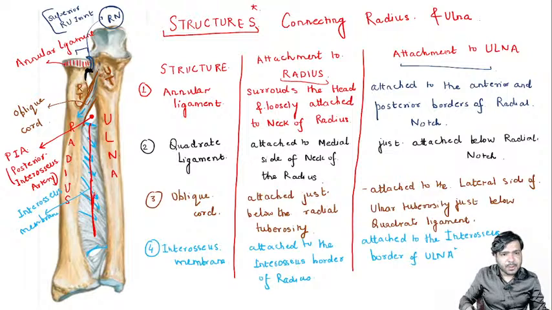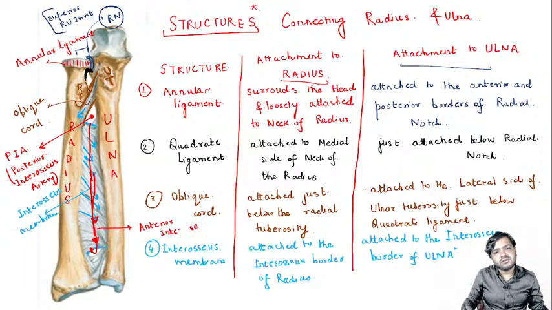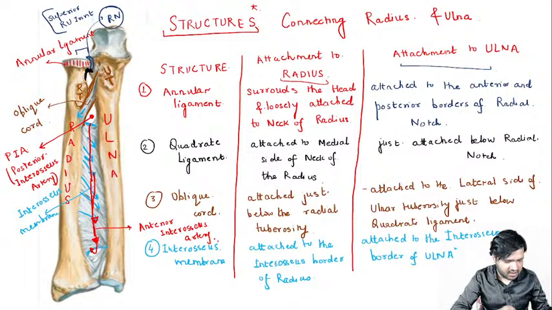This artery through this particular hole will go behind. And remember that this artery is basically the anterior interosseous artery.